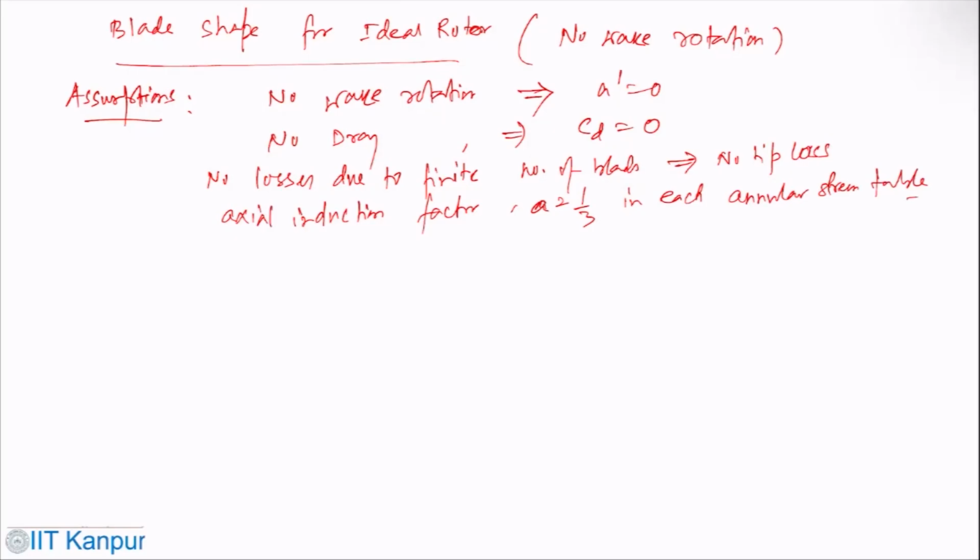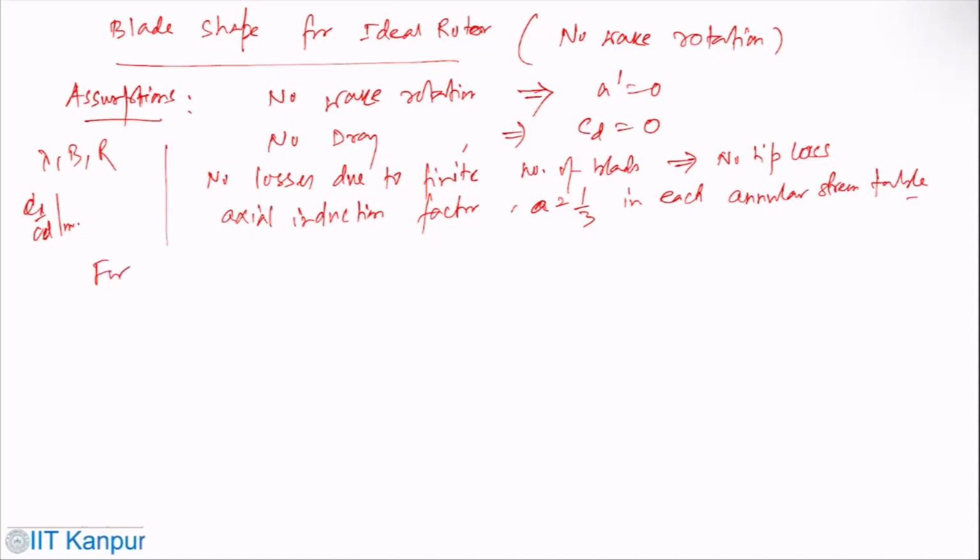So we have those basic definitions of tip speed ratio and number of blades B, with known lift and drag coefficients. So you can maximize C_L by C_D, and then choose the twist and chord distributions.